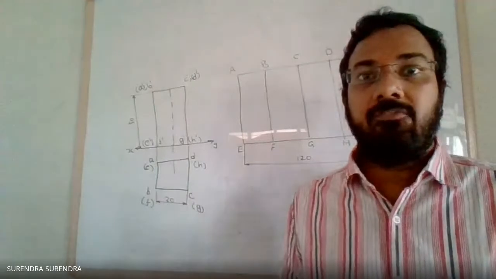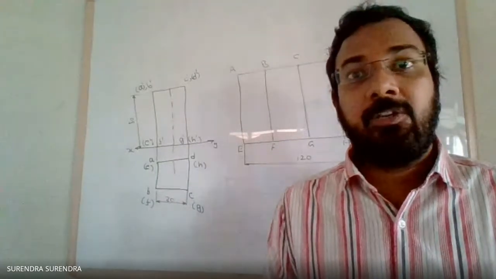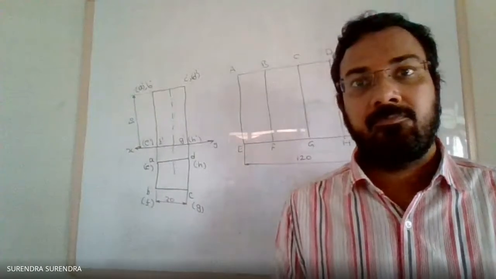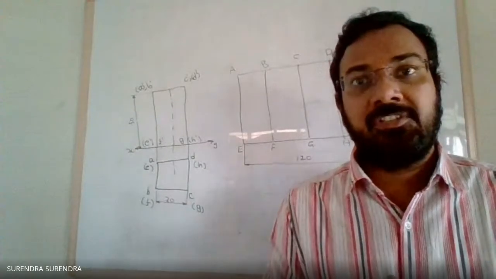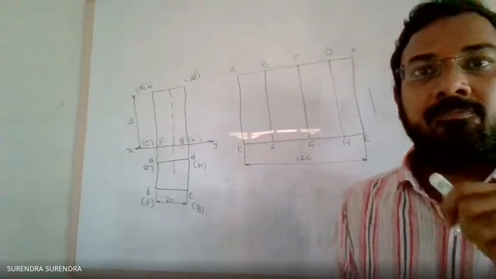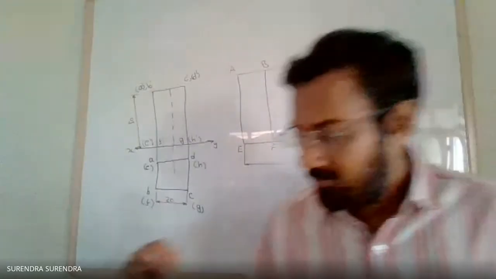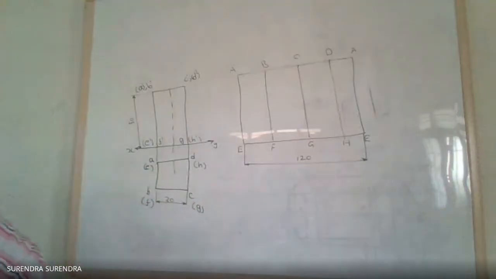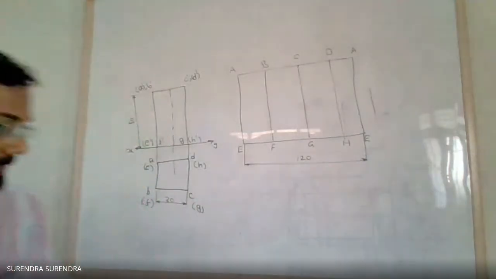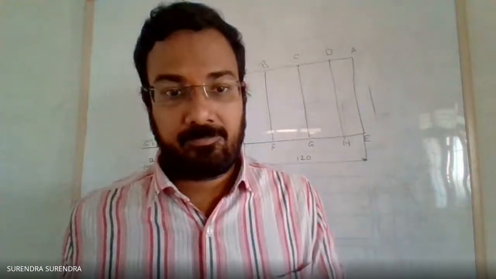So this is the way to draw the development of a prism. Do you have any doubts in this? Any of you having doubts in this? No, sir. Drawing the lateral surfaces of a development of a prism. Now, move on to the next problem.